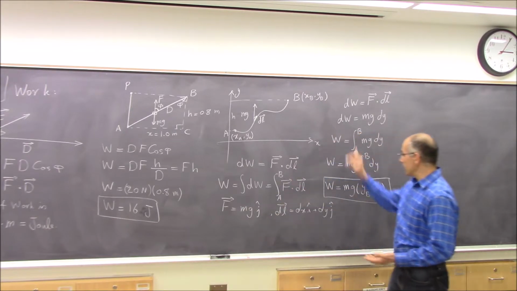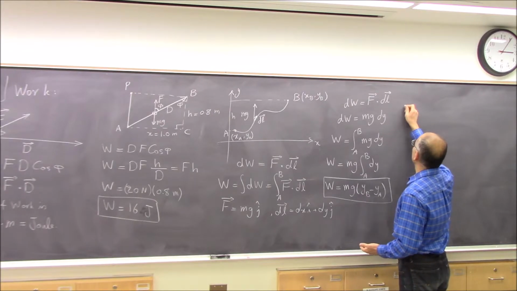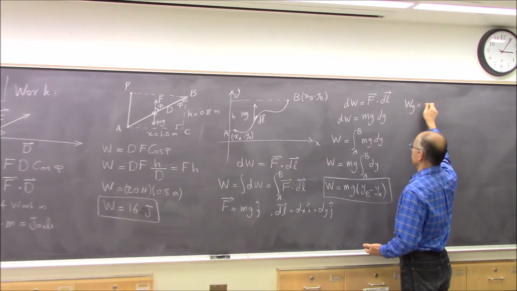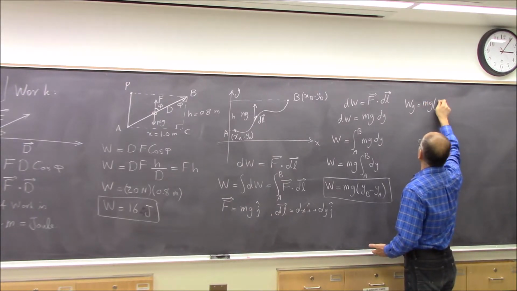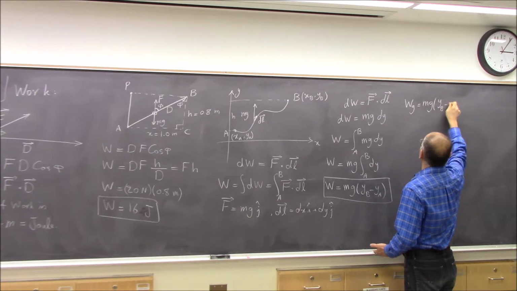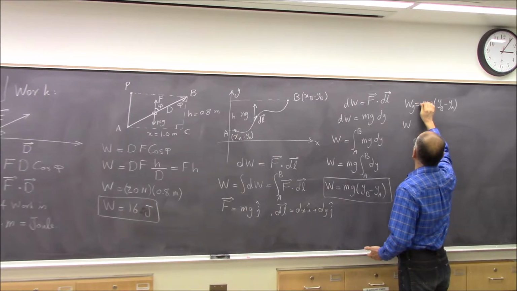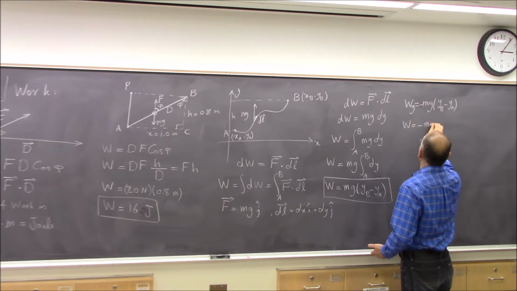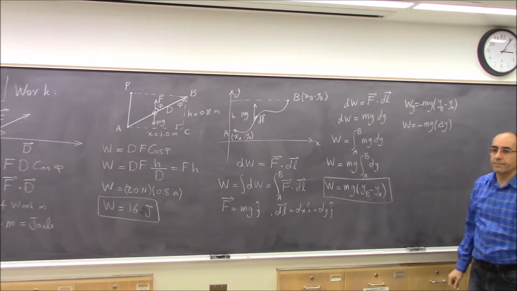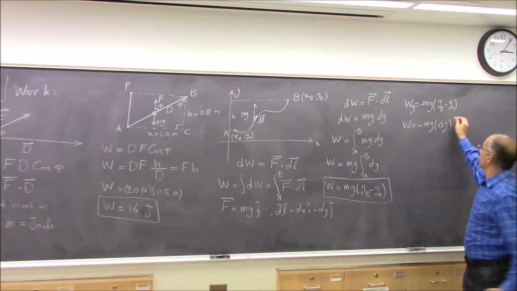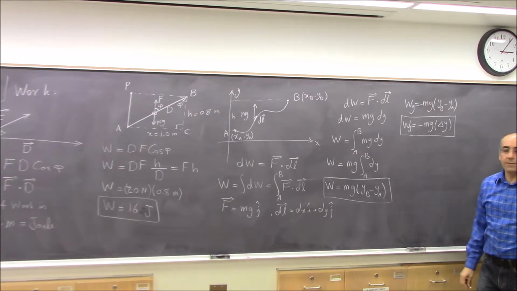So the negative sign comes along, and the work of gravity becomes negative mg delta y. It's always the case. So this is the work of gravity: negative mg delta y.